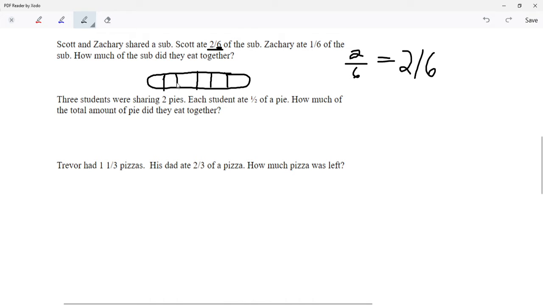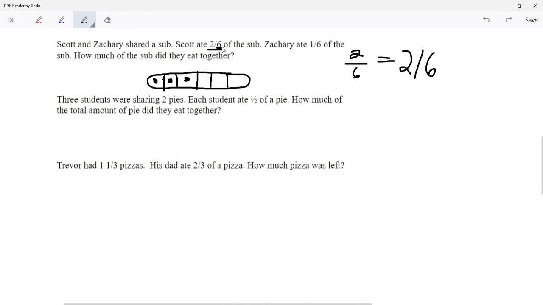And like I said, imagine that these pieces are exactly even, but when you draw them, they might not be exactly even. So it says Scott ate 2/6 of the sub. So let's just put a dot for each sixth that he ate. And then Zachary ate 1/6. How much did they eat together?